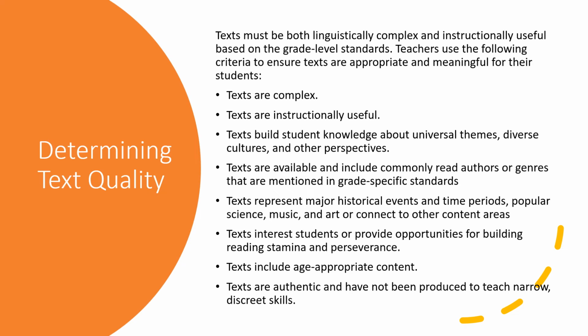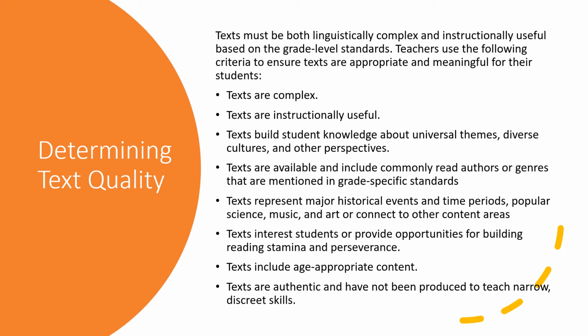So how do we determine text quality? Text needs to be linguistically complex and instructionally useful based on grade level standards. Teachers use the following criteria to ensure that texts are appropriate and meaningful for their students. It needs to be complex and instructionally useful. It needs to build student knowledge about universal themes, diverse cultures, and other perspectives.